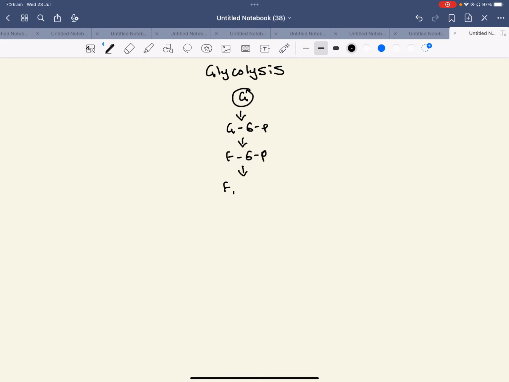Then we add another phosphate, okay? Now where it gets different is we convert it to 3-glyceraldehyde phosphate and DHAP, dihydroxyacetone phosphate, okay?